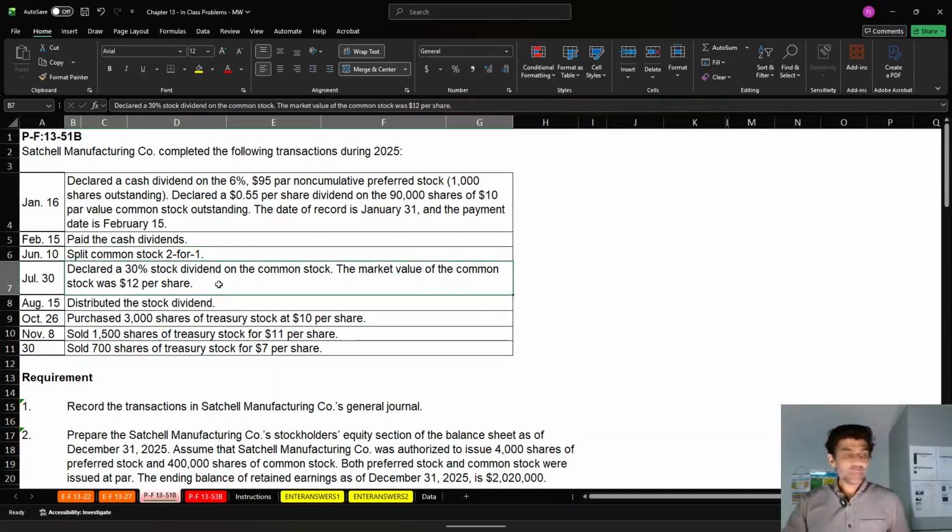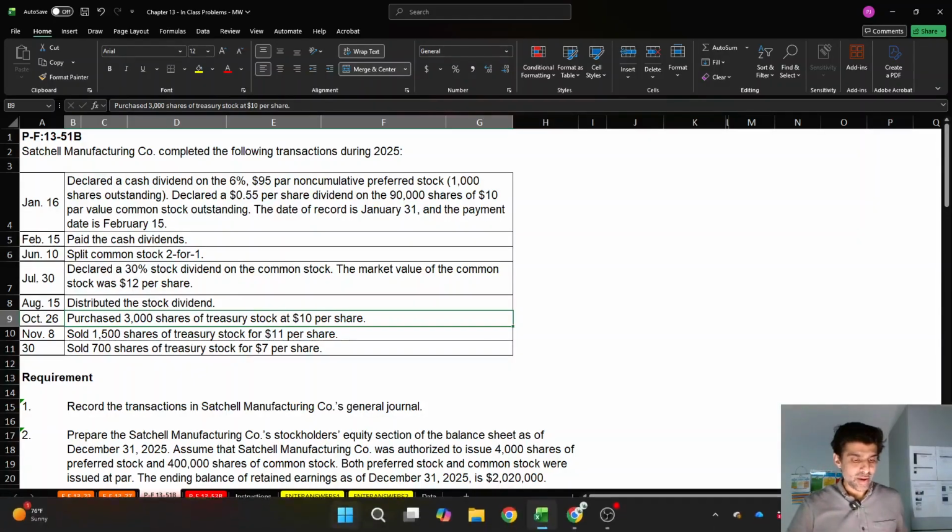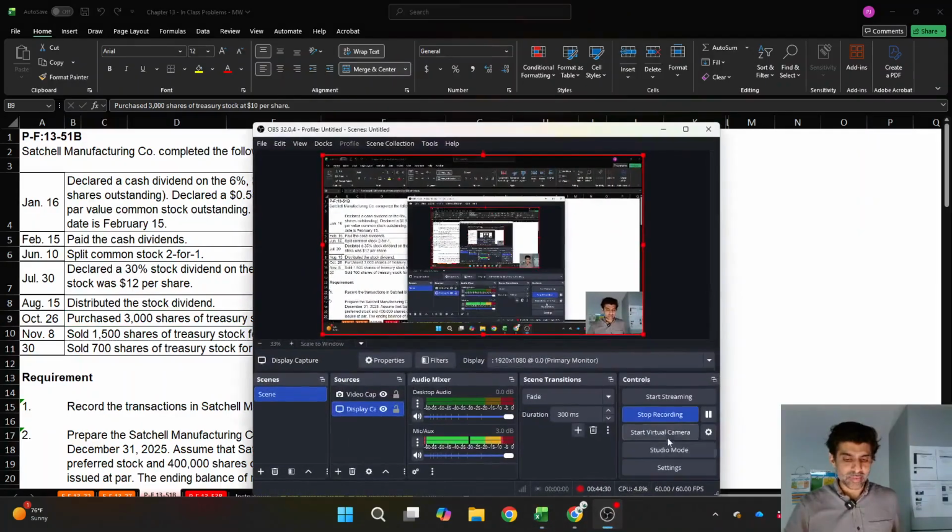Then you have a stock dividend, which will be based on the new after-split stock count. You're going to purchase treasury stock, so that's going to reduce the share count. So just make sure you're tracking how many shares are outstanding at every given moment. Why don't you try doing this, and then we'll do it in parts over the course of the class.